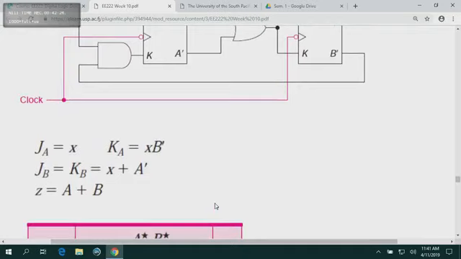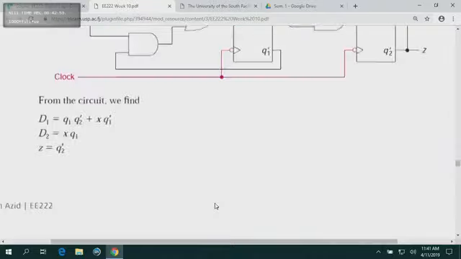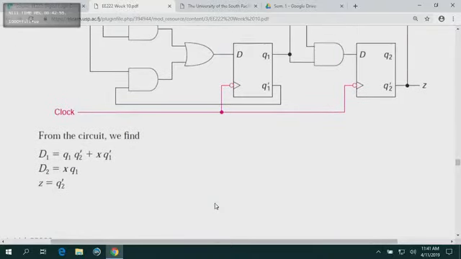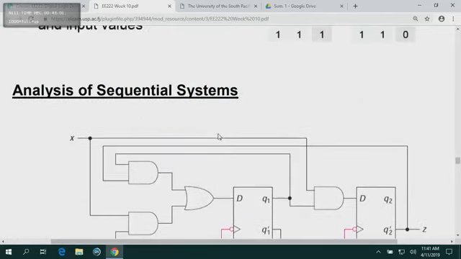Now let's draw our state table. Which one do we want to do? Let's do the one from earlier. The first step is that we're doing an analysis of a sequential system.